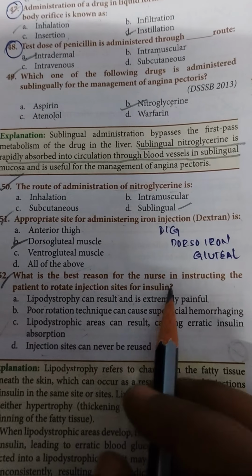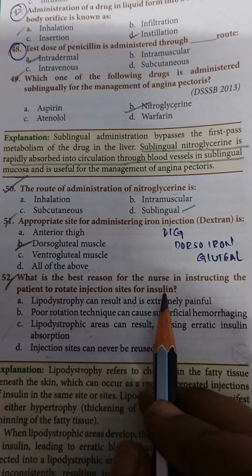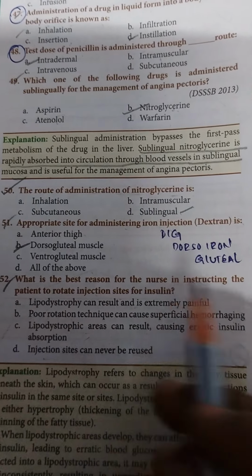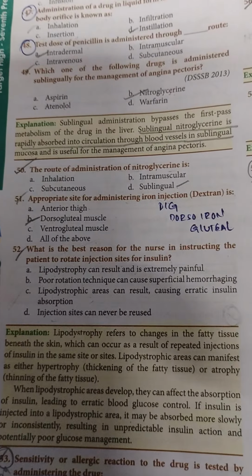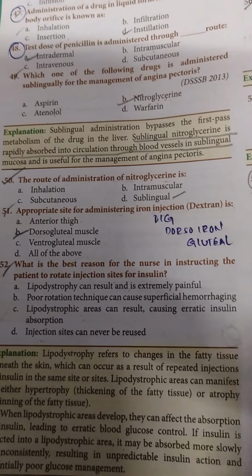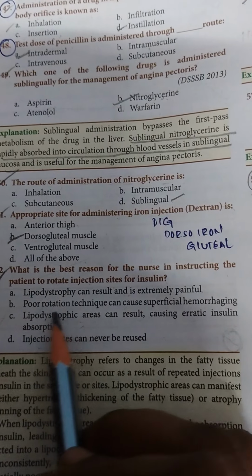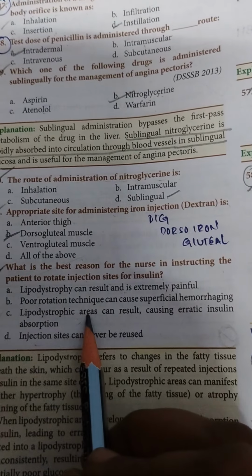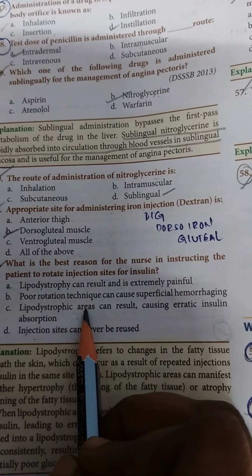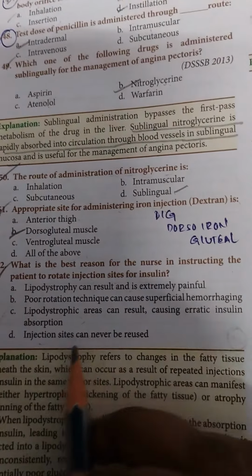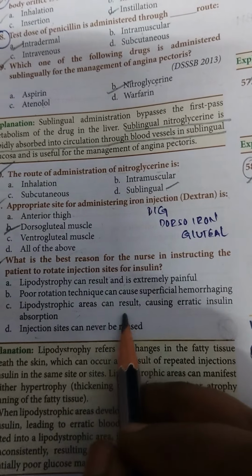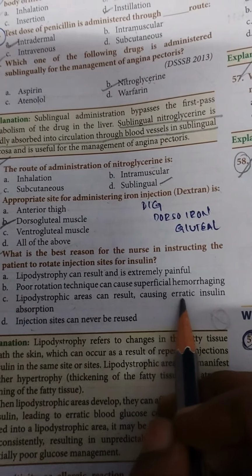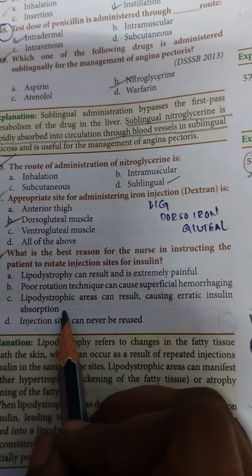Already we know we should not give insulin injection in the same site because it causes lipodystrophic areas, damage, and it results in erratic insulin absorption.